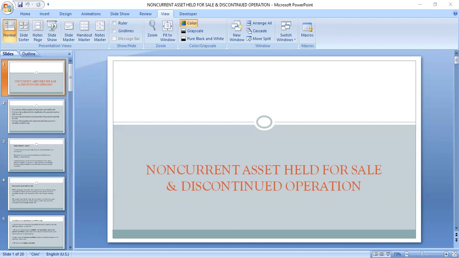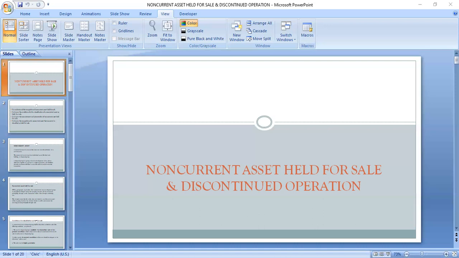And since we have included in this chapter, combining non-current asset held for sale and discontinued operation, we add the following objectives: to understand the concept of discontinued operation, to identify the recognition of discontinued operation and the presentation of discontinued operation in the income statement, and also to identify the presentation of discontinued operation in the statement of financial position.